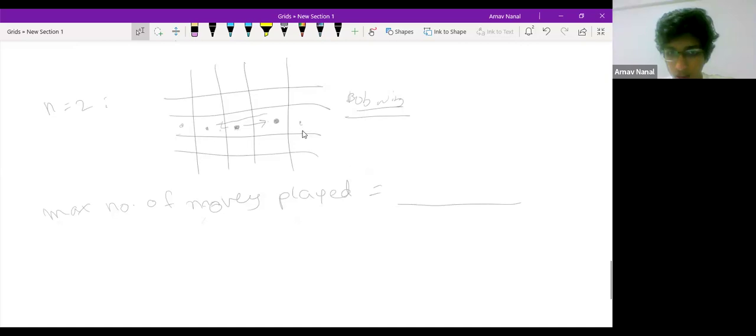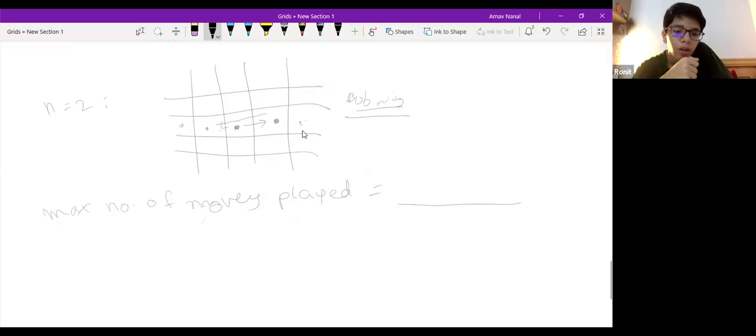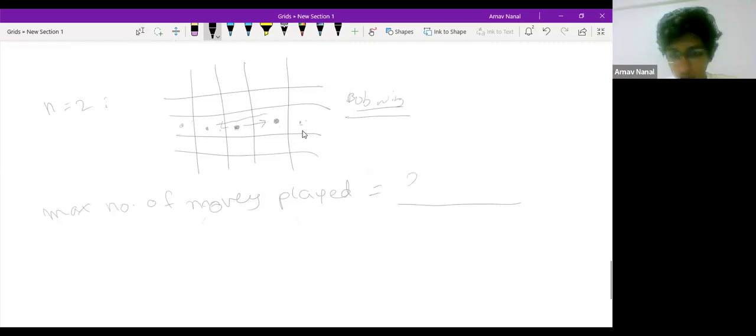Are you sure? Let's see here. How many moves have we played? 1, 2, 3, 4. Right, the last move is not counted. It's 2n. And the proof is pretty obvious, because at the 2n plus 1th move, Alice will have to move 2n plus 1, but there are no squares with distance 2n plus 1, because from here to here it's just 2n.